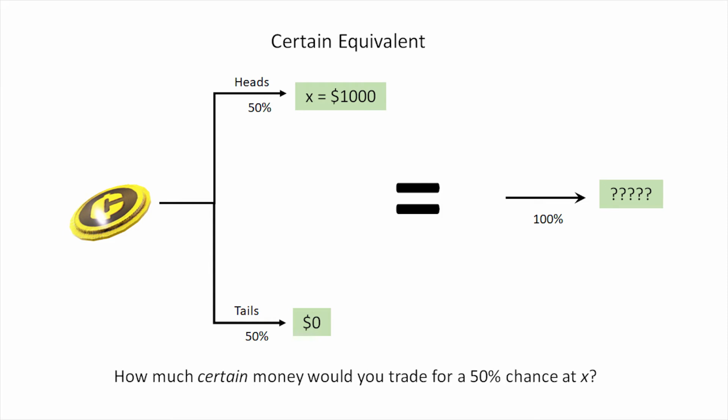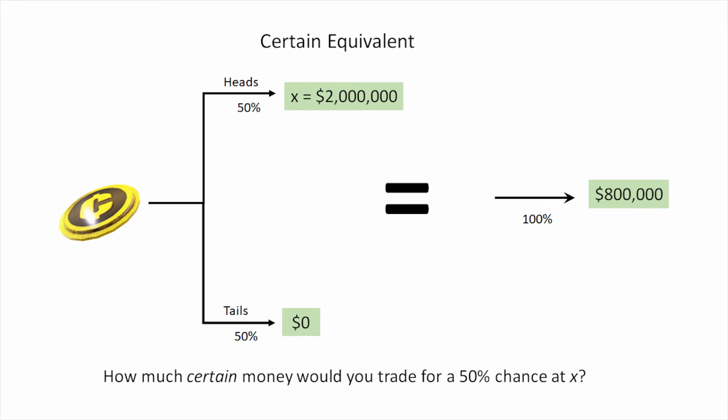If your utility were linear in money, then you would say $500, your expected value, because 50% times $1,000 plus 50% times $0 equals $500. But that is unlikely to be true for all possible values of the winning purse. Think about it this way.